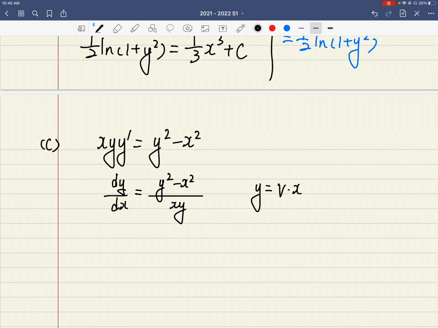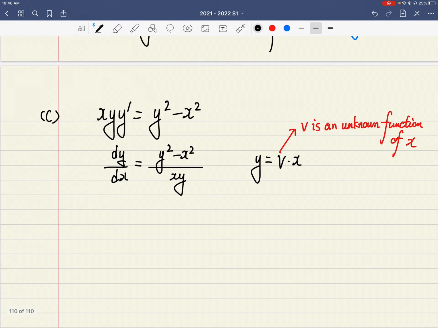And what is this v? This v is still a function, right? V is an unknown function of x. So v is not a constant, it's an unknown function of x.